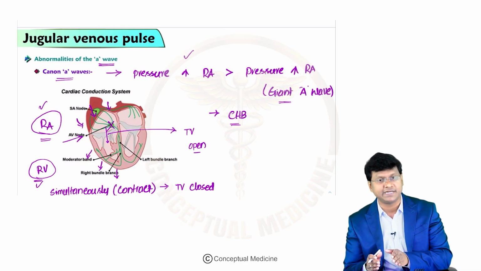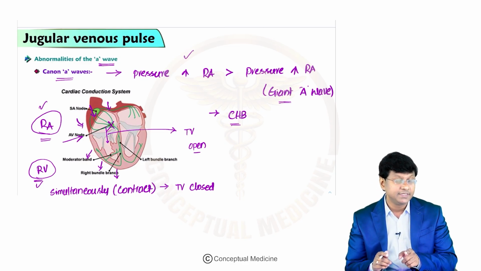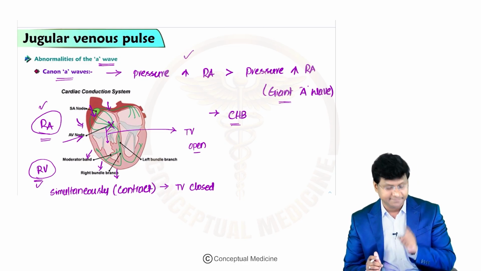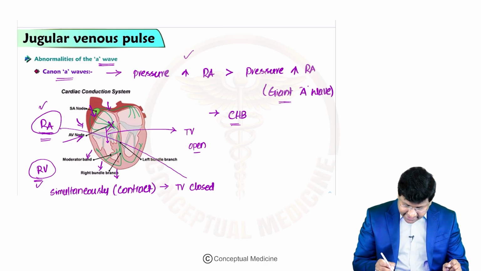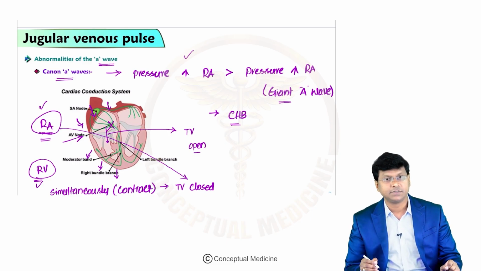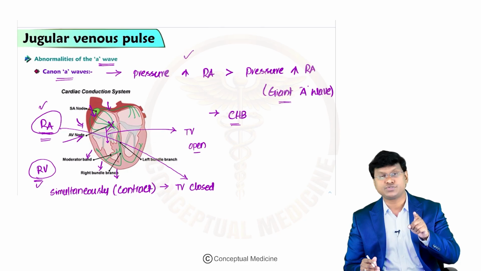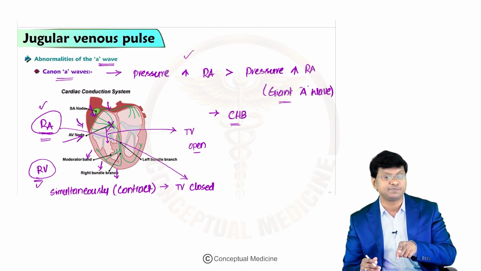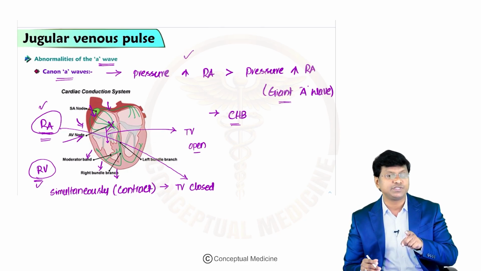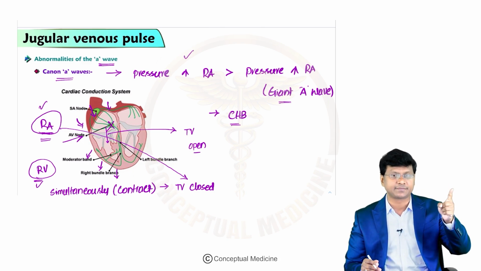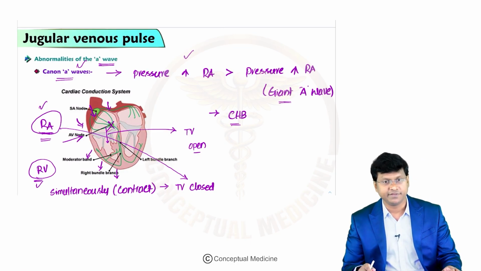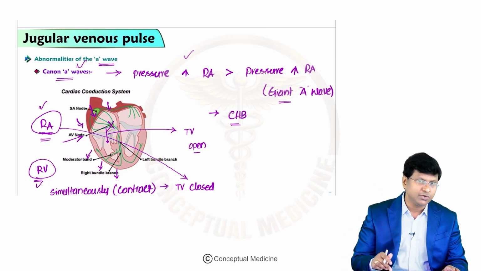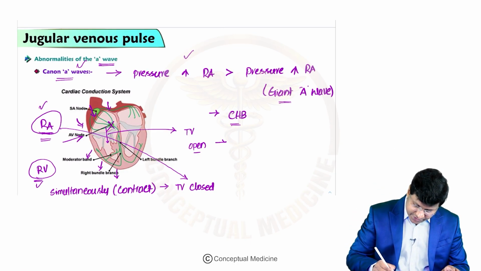What will happen? It will be a scenario where the right atrium has to contract against a closed tricuspid valve. So, just assume that if the right atrium has to contract against the closed tricuspid valve, the pressure rise within the right atrium is very, very high, and that will result in a wave called the Cannon A wave. And you will come across the same scenario during junctional rhythm.